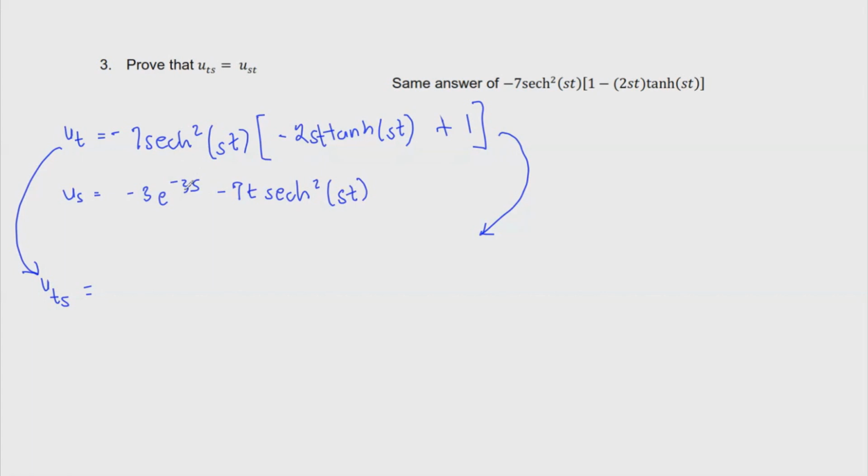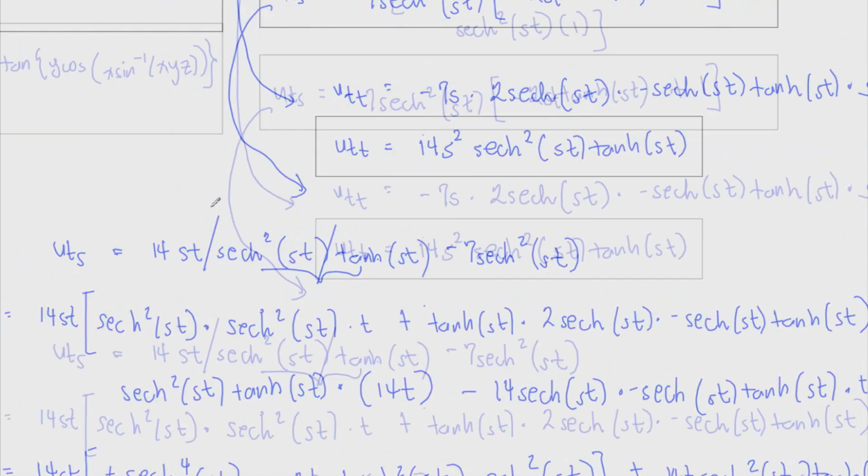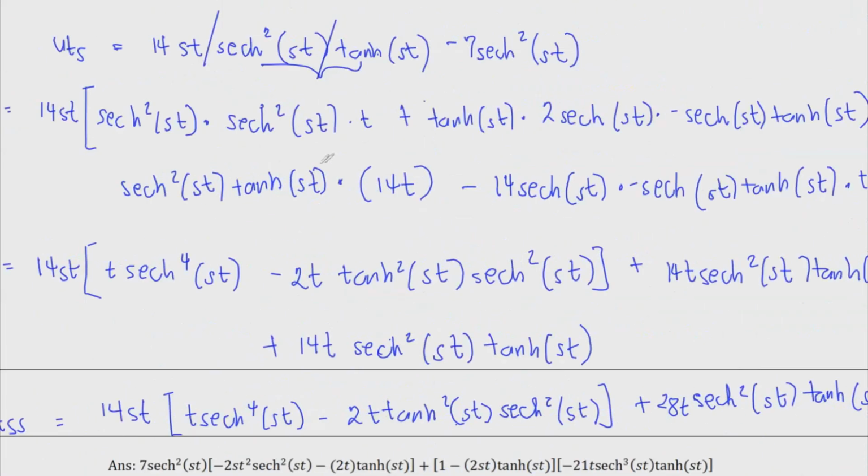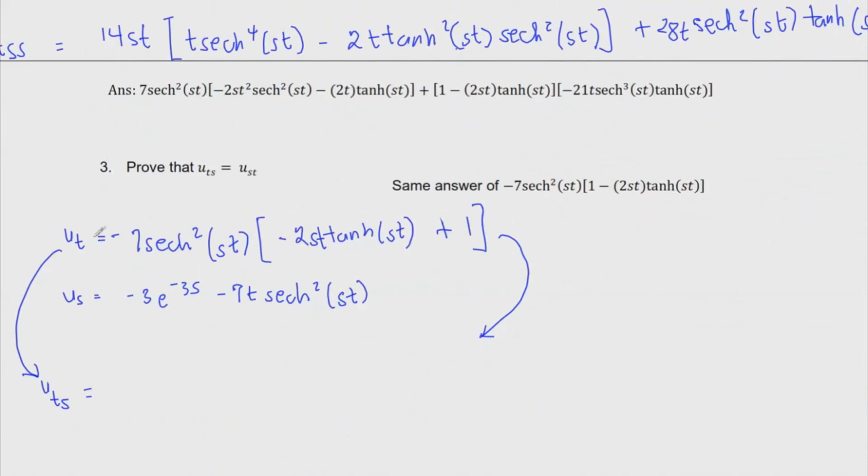I think this is correct. This is already the u sub t sub s, so I don't have to do it anymore. So let's delete this one. Now I will just have to do it for this expression.